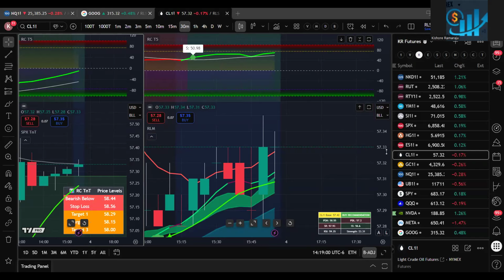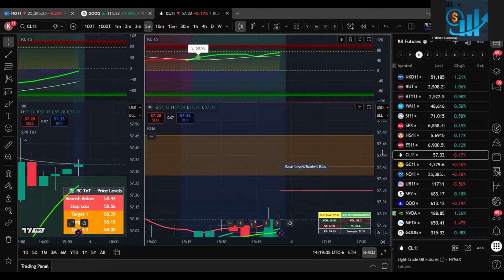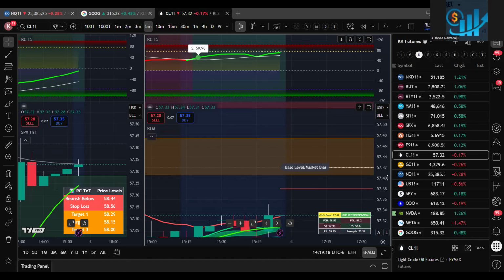Crude oil is also looking bullish. It can go all the way to 58.5, which is a potential target tonight.